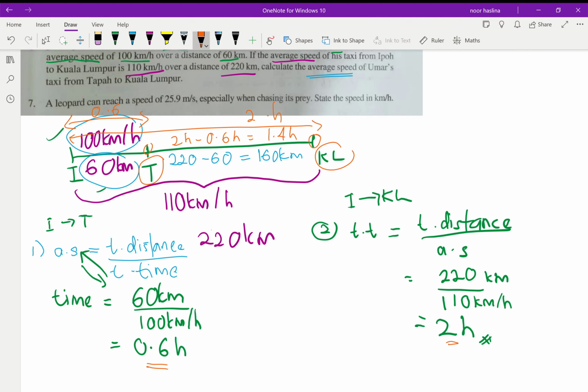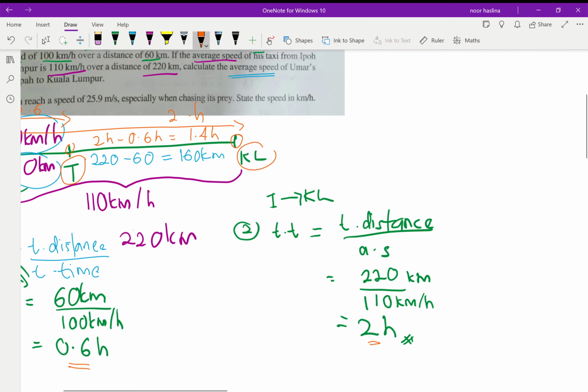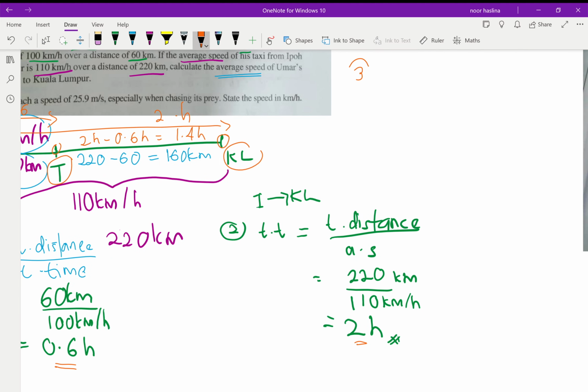So calculate the average speed of Umar's taxi from Tapah to Kuala Lumpur. How to find out the average speed? We use number 3. Average speed equals total distance over total time.